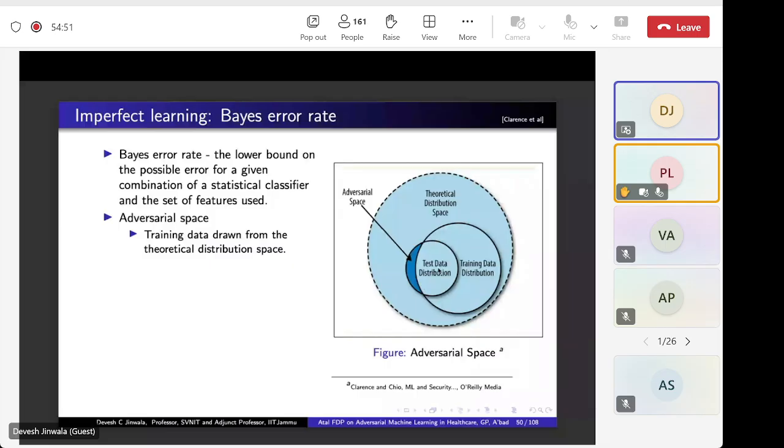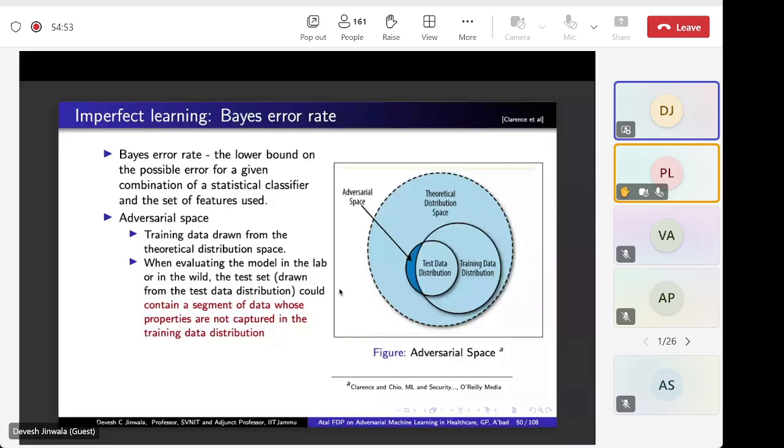So when evaluating the model in the lab or in the wild, the test set, which was drawn from the test data distribution, may contain a segment of data whose properties are not captured during training of the machine learning model. And because of that, the machine learning model fails. So these blind spots are actually exploited by the adversary.